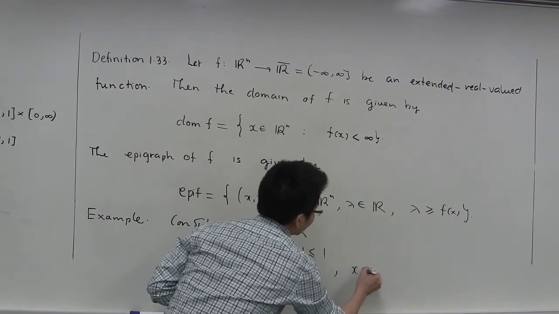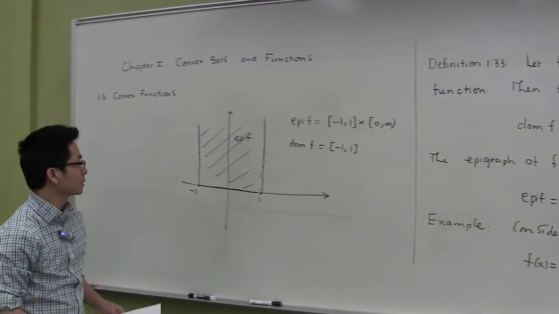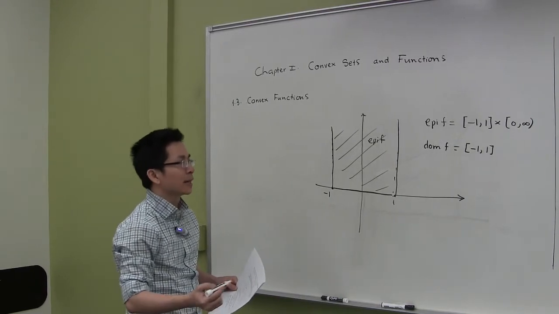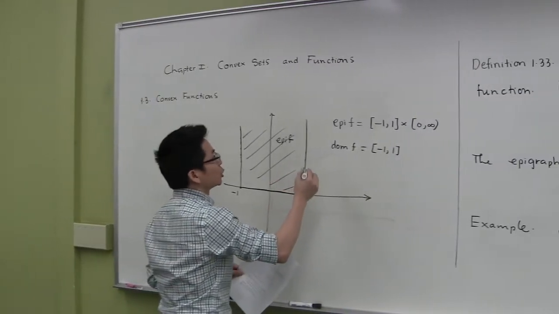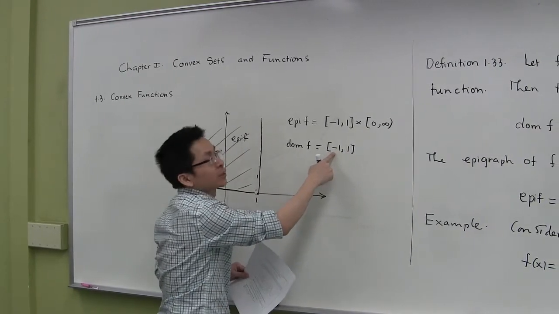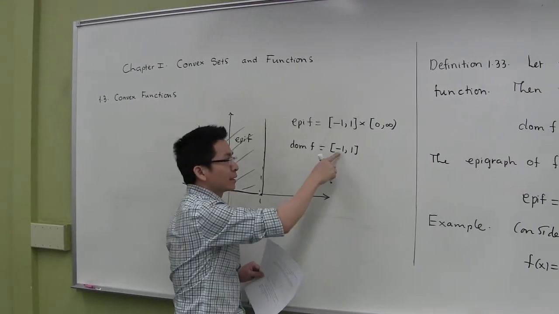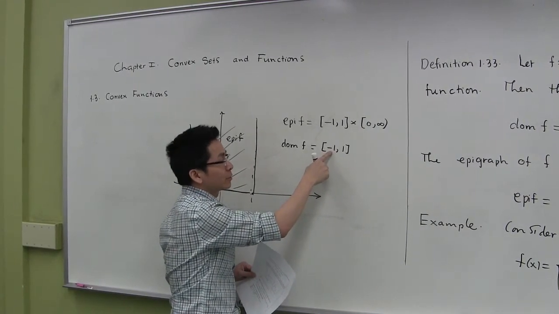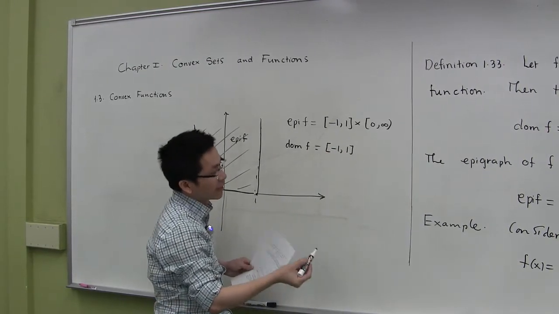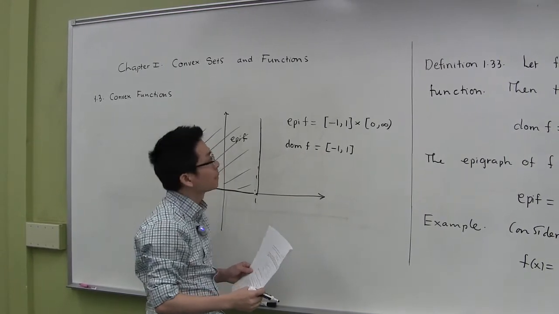Here x is in R. So here we can easily see that the domain of f is the closed interval -1, 1, because f has finite values on this interval, and f of x is equal to infinity if x is not in this interval.